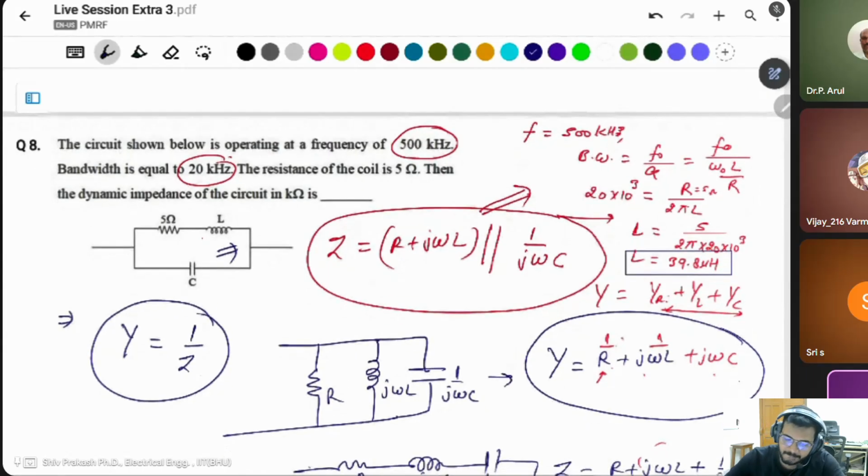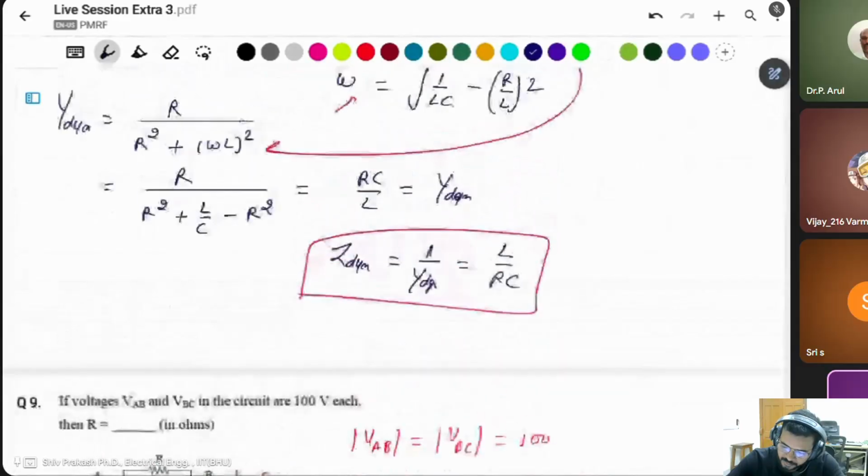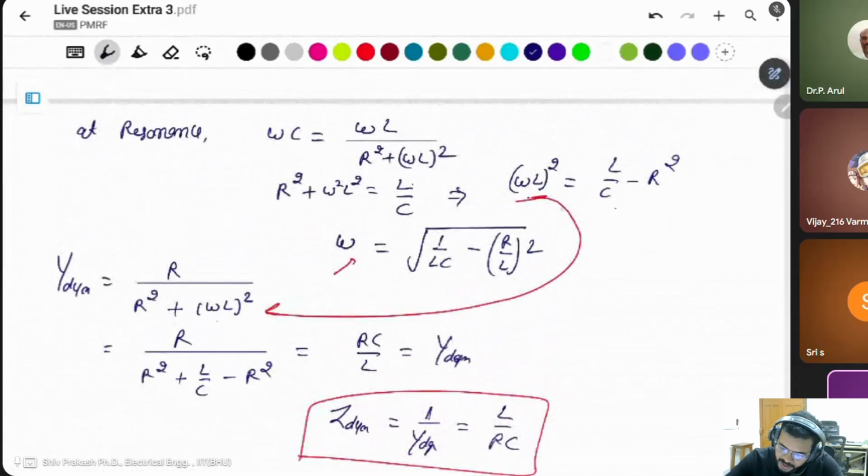Okay, the resonance frequency is given, and the values of L and R are known, only C is unknown. Here is the resonance frequency. Now you can put the value here. f naught is given as 500 kilohertz.